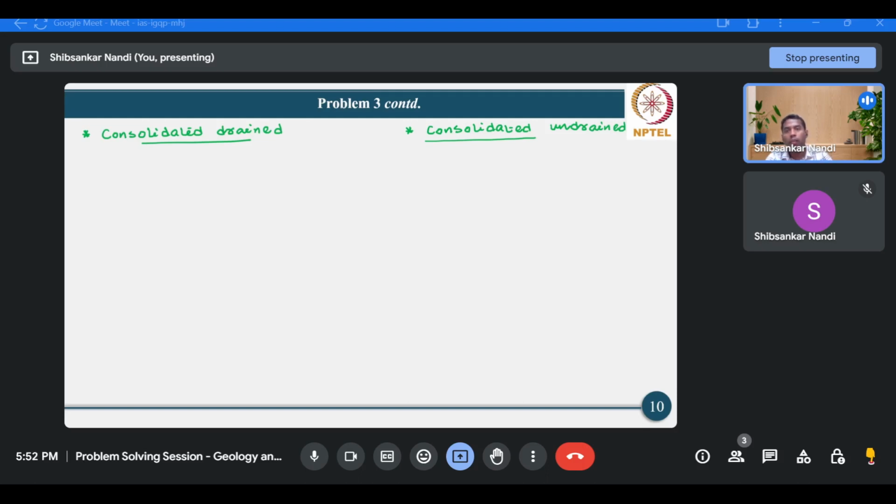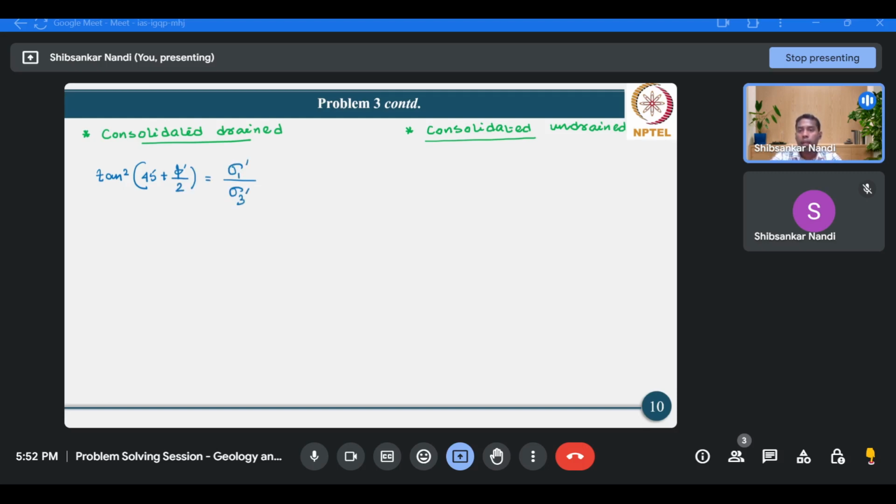Okay, so right now we will be concentrating on the determination of angle of internal friction considering both the tests. So for the first test, tan square of 45 plus phi prime by 2 is your sigma 1 prime by sigma 3 prime.